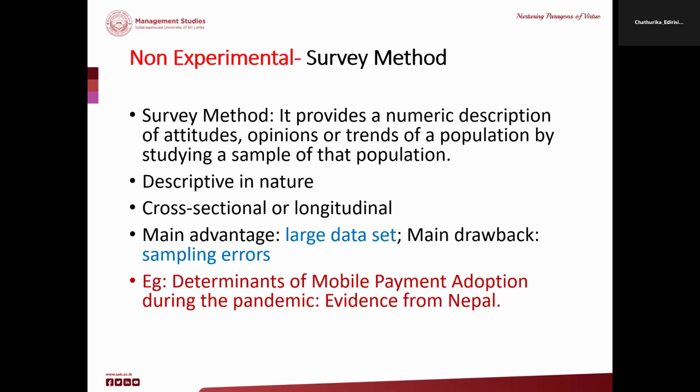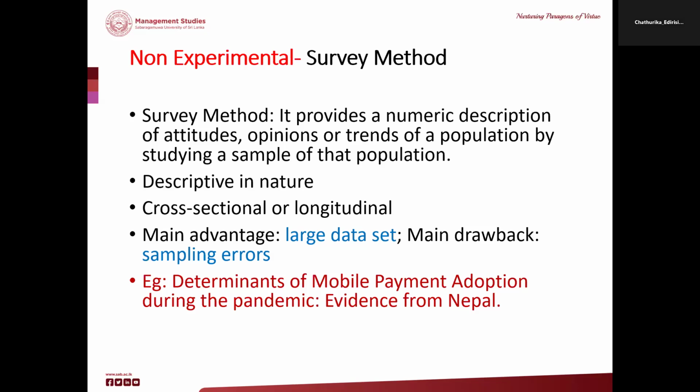The main advantage of a survey is that we can use a large data set, unlike qualitative studies, and we can generalize it. The main drawbacks in a survey are sampling errors, sampling biases, and so on.